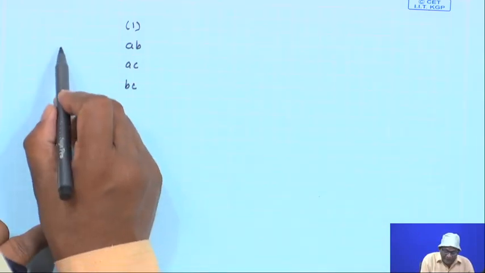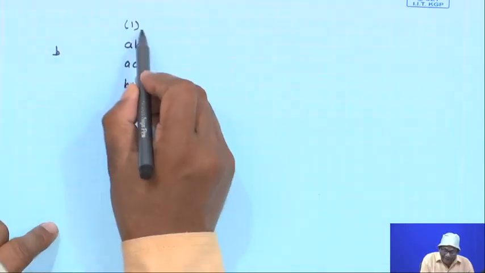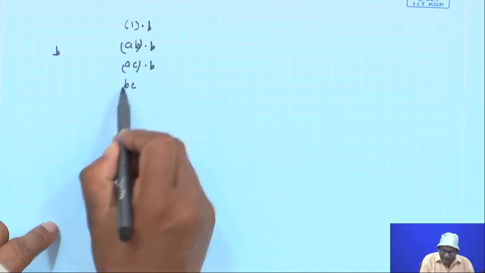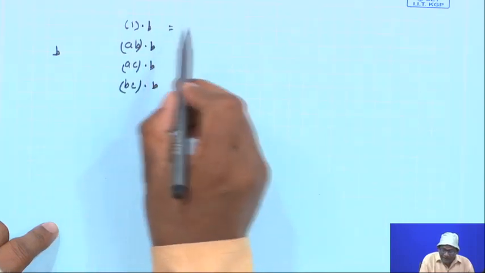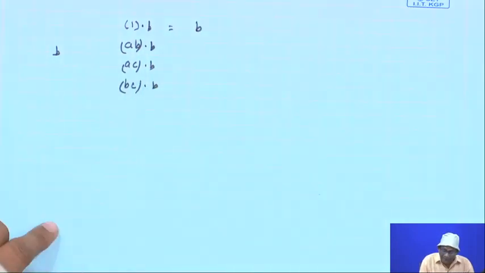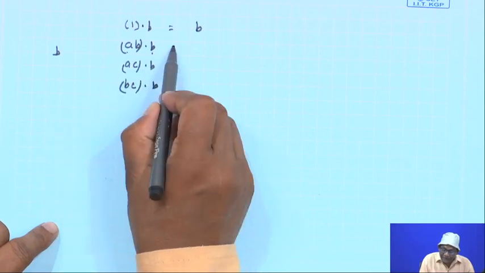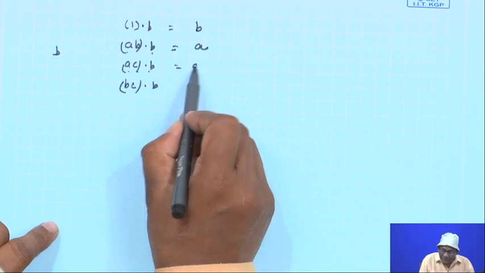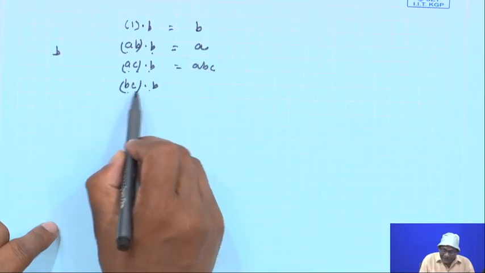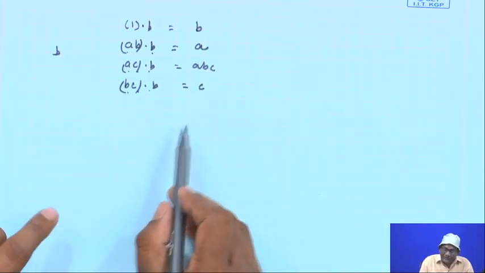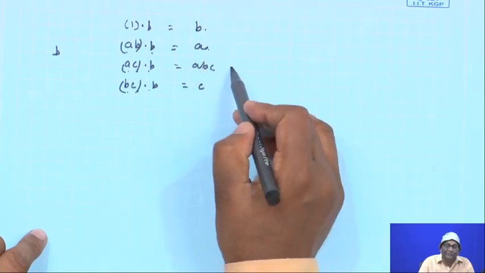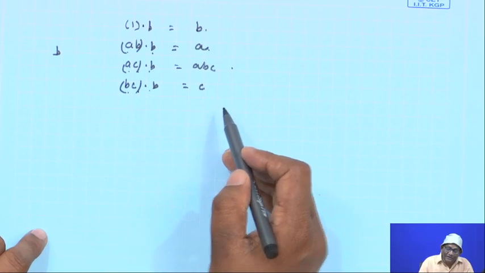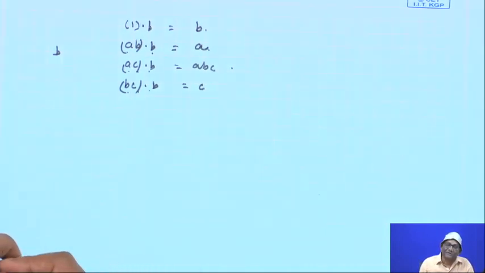treatment combination, for example, B, if you multiplied with B everywhere, what are you getting here? You will be getting B, AB will give you A, ABC will give you AC, B square C will give you C. So, see that A, B, C, ABC are the treatments that are not assigned to the principal block.